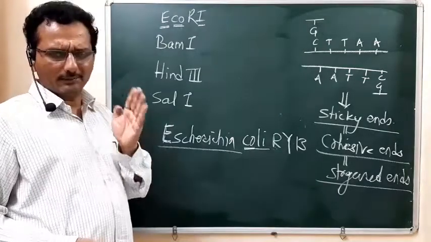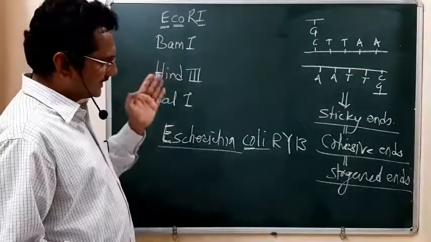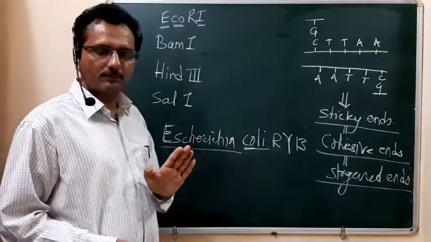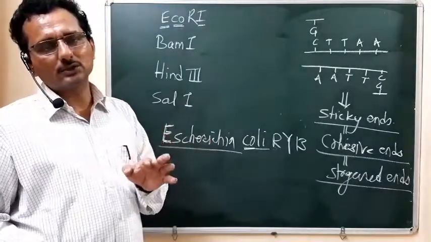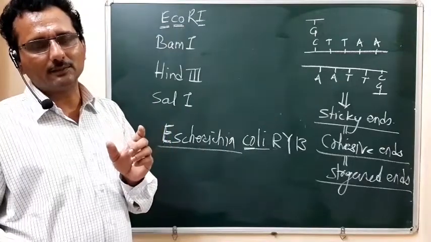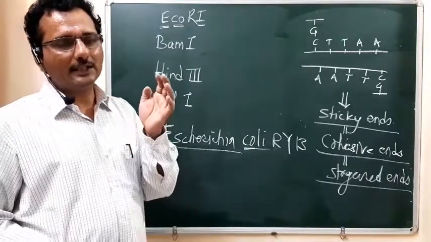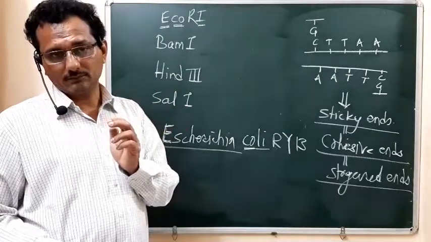So remember, these restriction endonuclease enzymes are isolated from bacteria, and on the basis of the name of the bacterium the names of the enzymes are given.